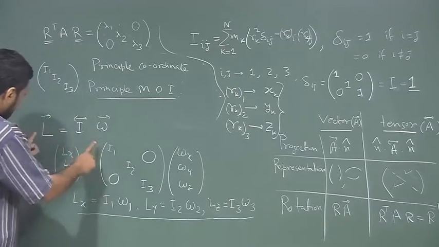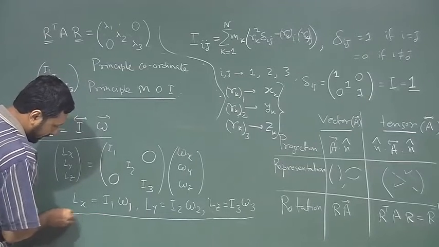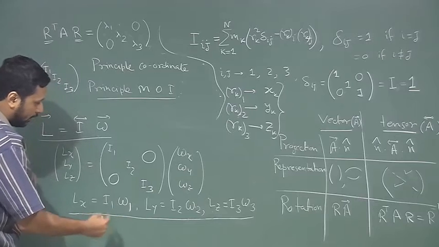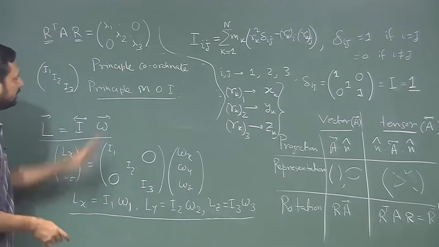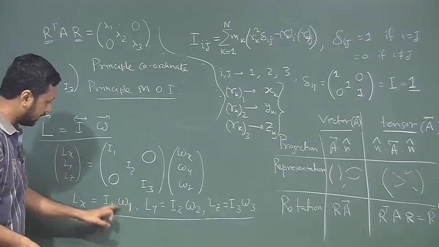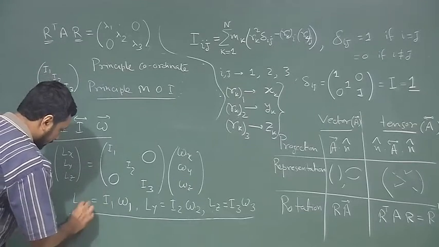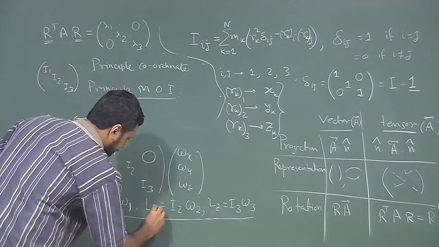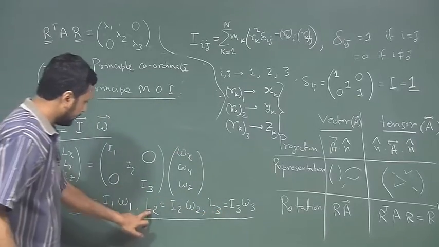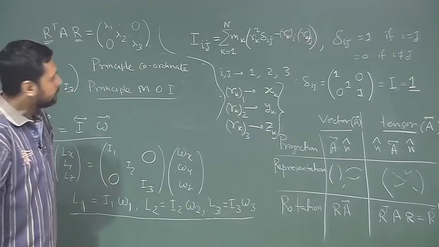And in this particular frame, if I write this equation, we immediately see that if I have angular velocity along one of these principal directions, let us say the first axis, then we have moment of inertia only along the first axis. We can also write 1, 2, 3 here, and similarly for the second axis and third axis. So, this is what we learned from this.